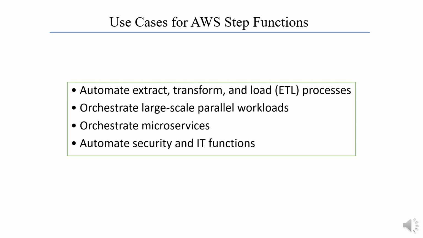Orchestrate microservices. Combine multiple AWS Lambda functions into responsive serverless applications and microservices. Automate security and IT functions. Create automated workflows, including manual approval steps for security incident response.